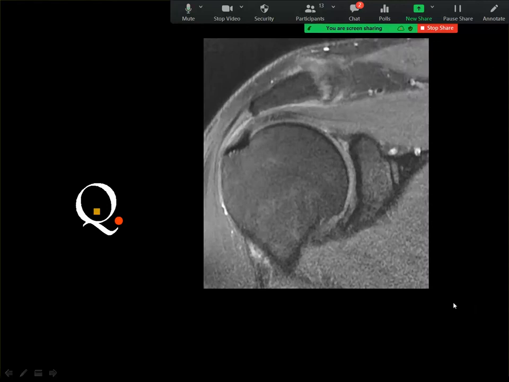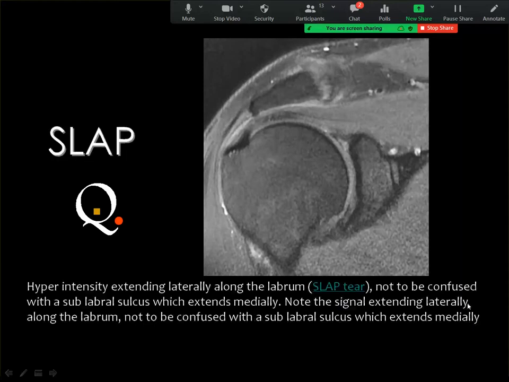Adhesive capsulitis. Okay. Yes, and this is a SLAP injury, because if you look carefully at the superior labrum, you see an abnormal bright signal in it, and this bright signal means that there is a SLAP injury.